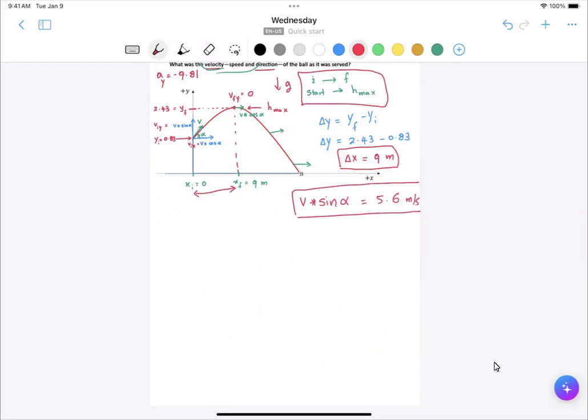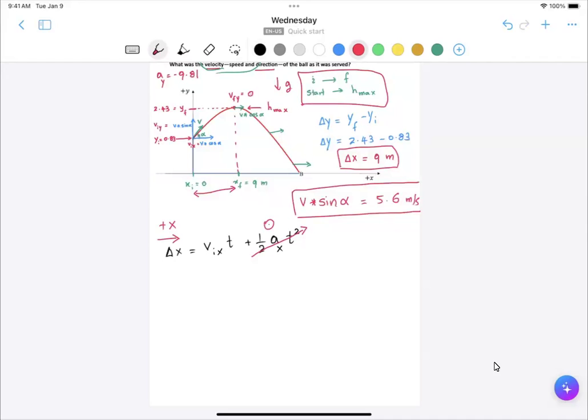When I apply along the x direction, positive right here, I do have delta x equals v initial x times t plus 1/2 acceleration along the x times t squared. You have seen it multiple times. This is going to get to a 0. The reason is that acceleration along the x is 0.